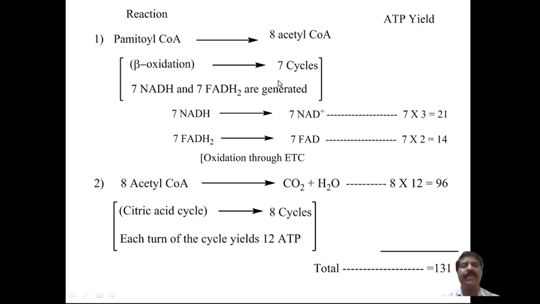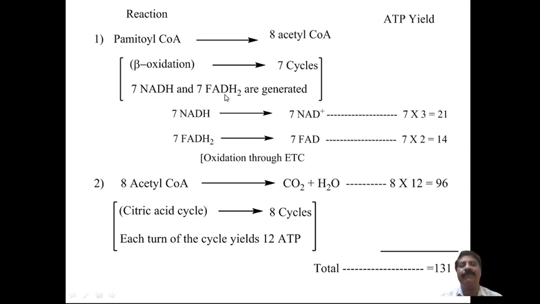Repeatedly subjected to the cycles, lastly we get fragments, each fragment containing 2 carbon atoms. That is the end product, acetyl coenzyme A.